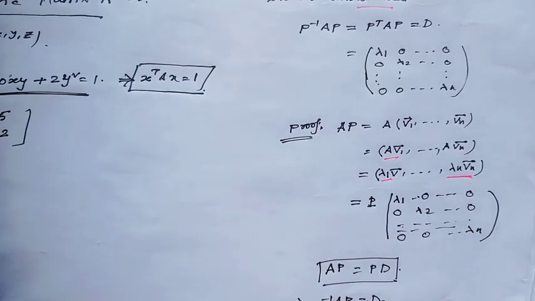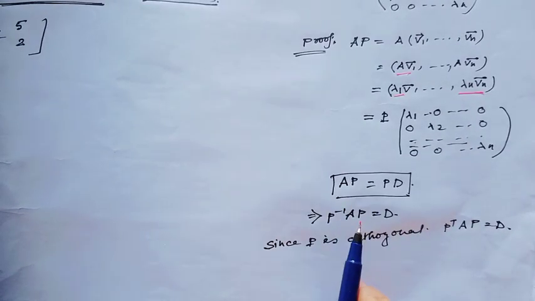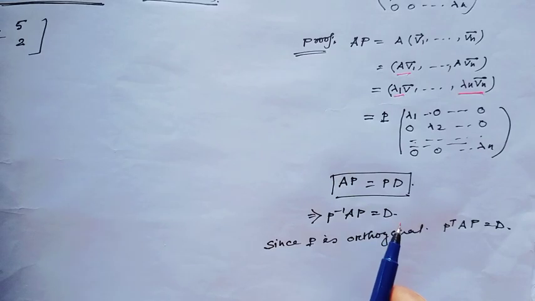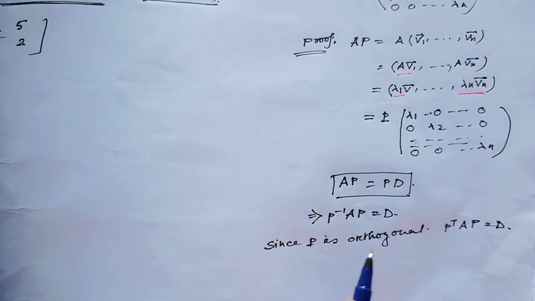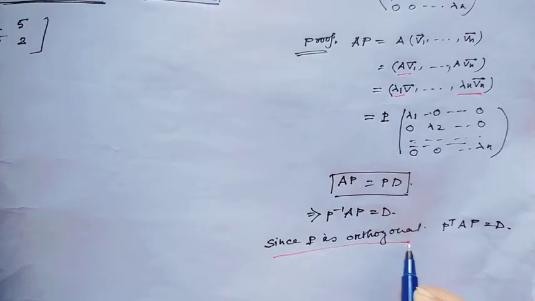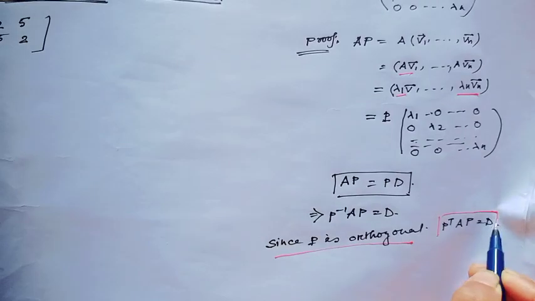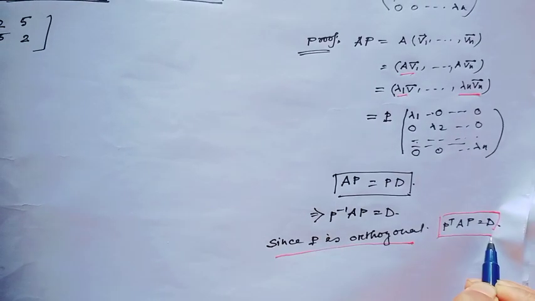So AP equals PD. That implies P inverse AP equals the diagonal matrix D, and since P is orthogonal, P transpose AP equals D.